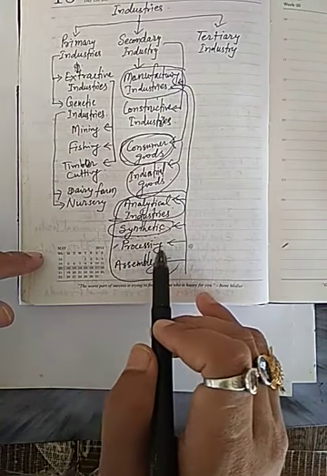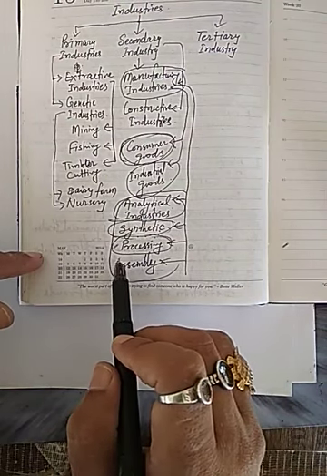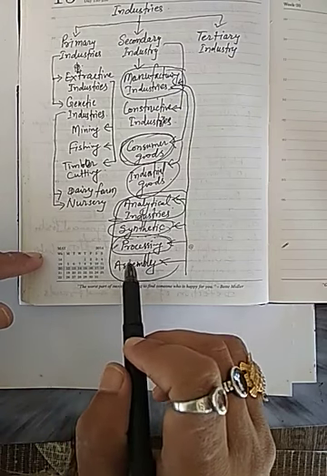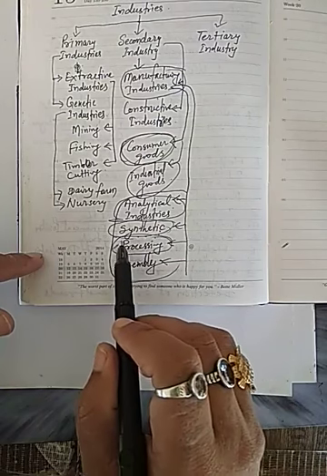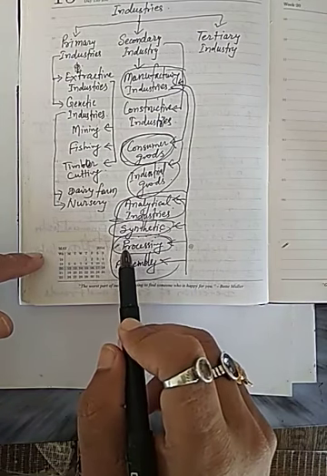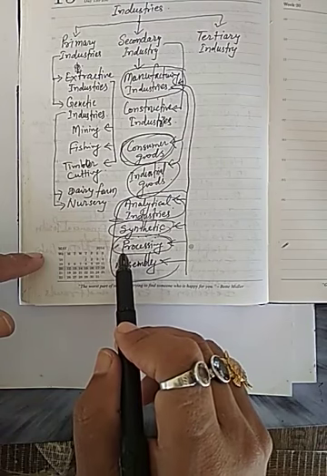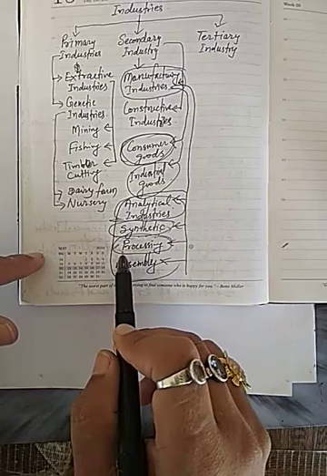Now processing industries. In processing industries, the raw material is processed through various stages of production and then finished goods are manufactured.